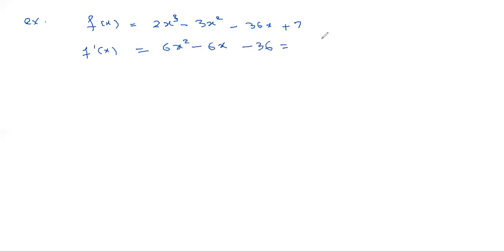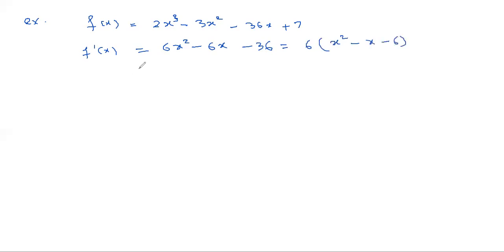Suppose the function here is 2x cubed minus 3x square minus 36x plus 7. Its derivative is 6x square minus 6x minus 36. Taking 6 common throughout makes it 6 times (x square minus x minus 6).